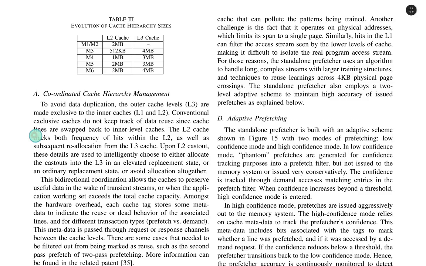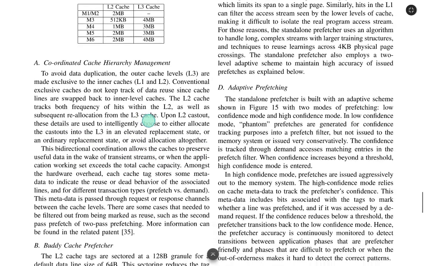The L2 cache tracks both latency and hits within the L2, as well as whether the line was subsequently relocated from the L3 cache. Upon L2 cache castout, these details are used to intelligently choose to either allocate the castout into L3 with an elevated replacement state or an ordinary replacement state, or avoid the allocation altogether.